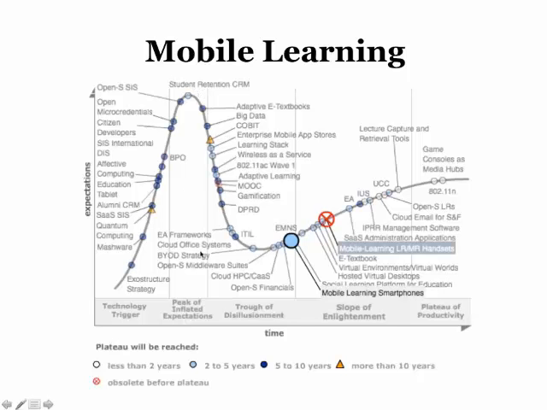I like saying that because it sounds really funny. And then whether or not it's still a viable platform or tool is determined by whether it makes it up to this productivity plateau.